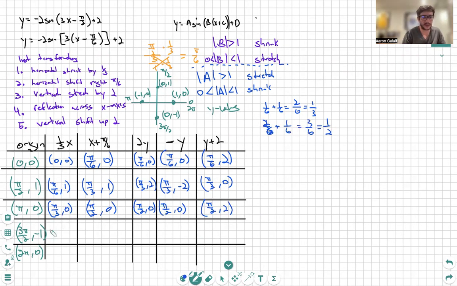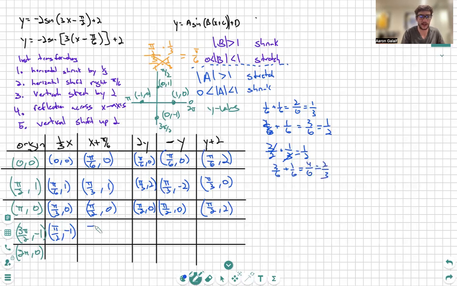Next, we're going to multiply this by 1/3. So 3 over 2 times 1/3. Just going to cancel that. We're going to be left with 1/2, so this is going to be pi over 2, and pi over 2, -1. We're going to take our pi over 2, which is 3/6, plus 1/6, which is 4/6, which is now 2/3.